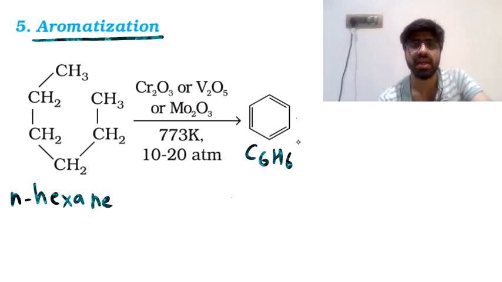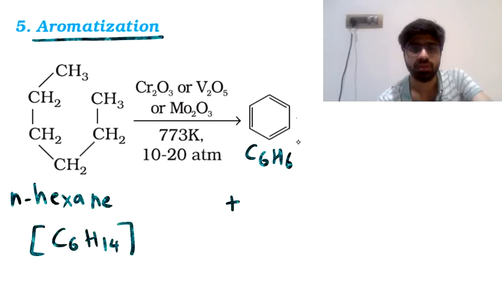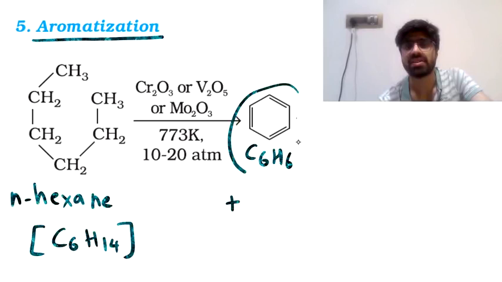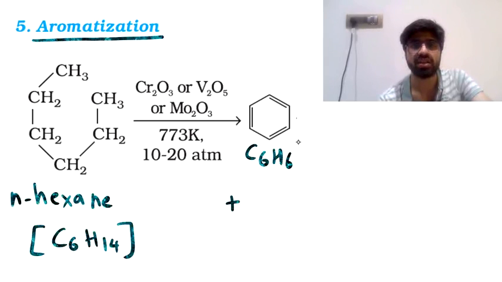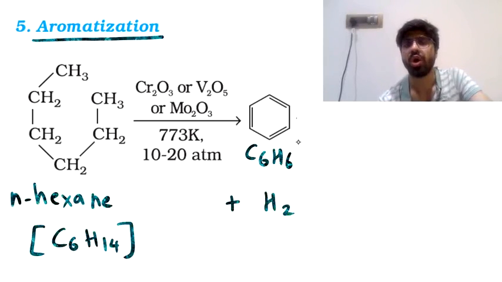Of course, if you see, the reaction is not balanced because hexane is basically C6H14, CnH2n+2, and benzene is C6H6. So there are 8 hydrogen atoms which have not been accounted for. Those 8 hydrogen atoms can be written as plus H2 on the side of products.